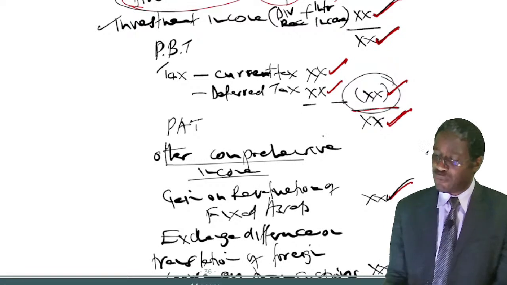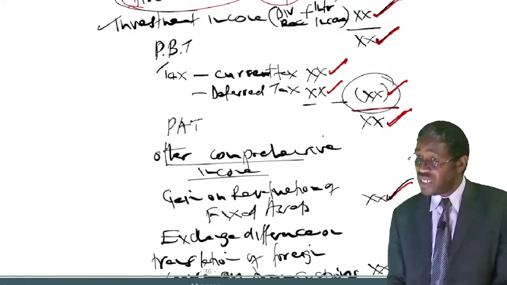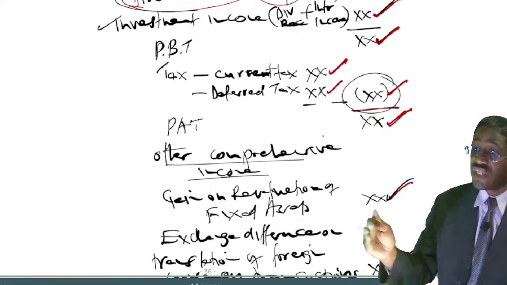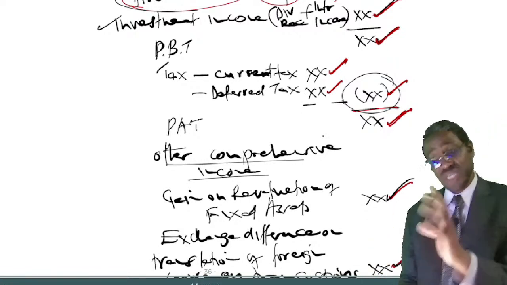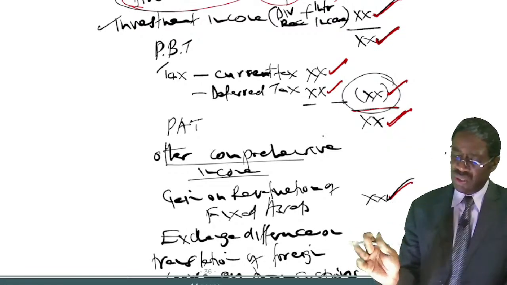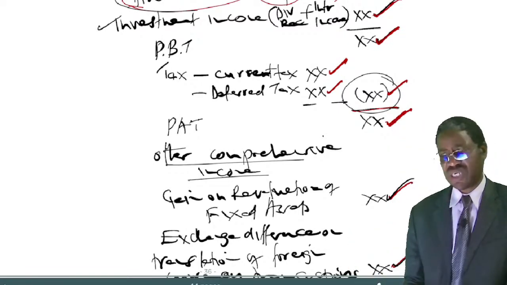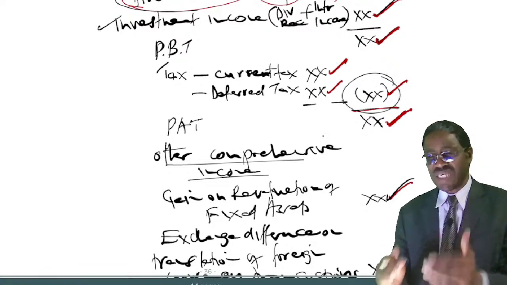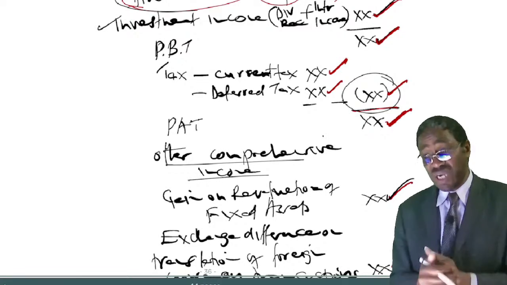Where do you do the appropriations of profit? We said the appropriations of profit are normally done in the statement of changes in equity. Of course, you remember. Then I told you, once you get the profit after tax, that is the end. Listen, that is the end of the income statement.